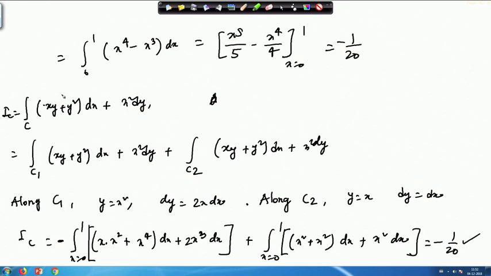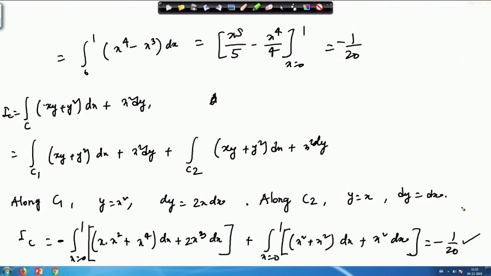Similarly, for the line integral, I had to calculate the line integral along two different paths and substitute here, and just see whether the two sides are equal or not. Since both sides are equal, the Green's theorem holds true in this case.